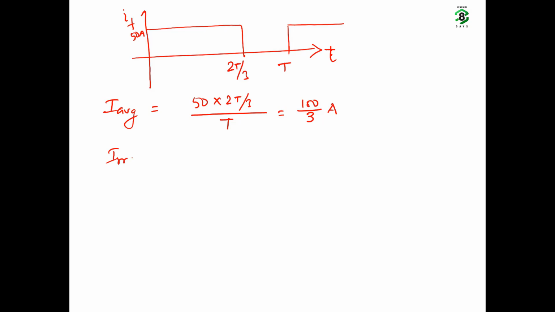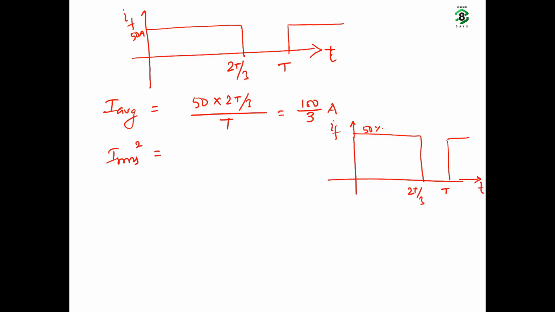Second, IRMS square. How can we get IRMS square? Square the waveform, and divide the area by the time period. So squaring this waveform, it will repeat from here. This is 2T by 3 for IF, and this one is 50 into 50 because we have squared.